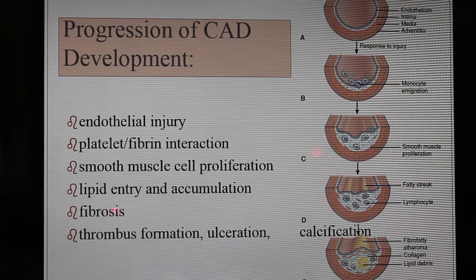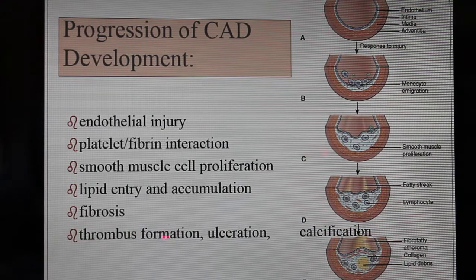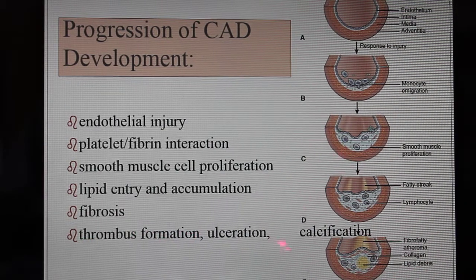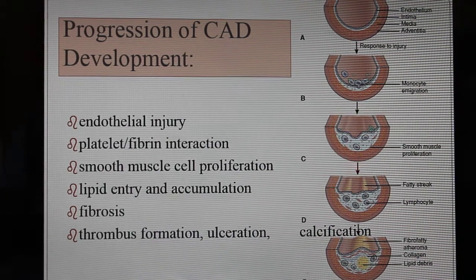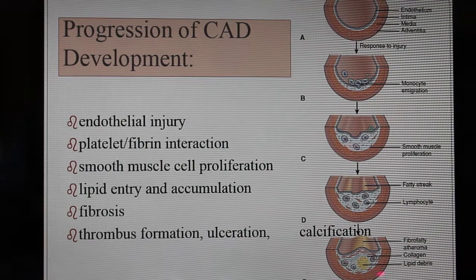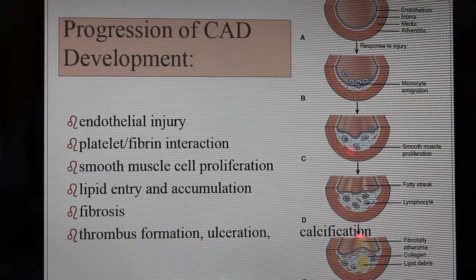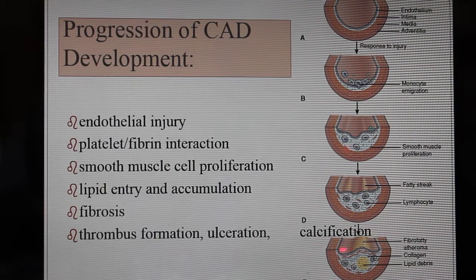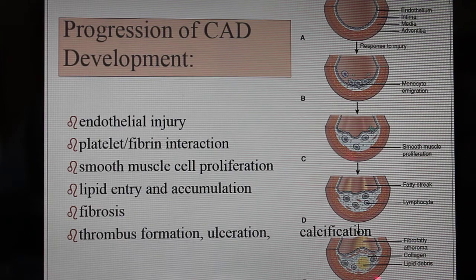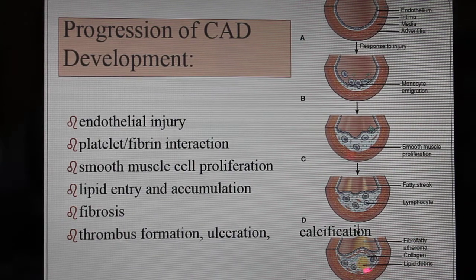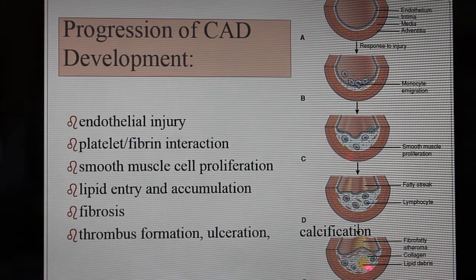Over time, we'll have some thrombus formation and ulceration. This screen kind of got messed up here, but on this last one, calcification develops. It starts to get hard, and little plaques start to build. Collagen comes in here, and it gets nice and hard there. So this is our plaque formation.